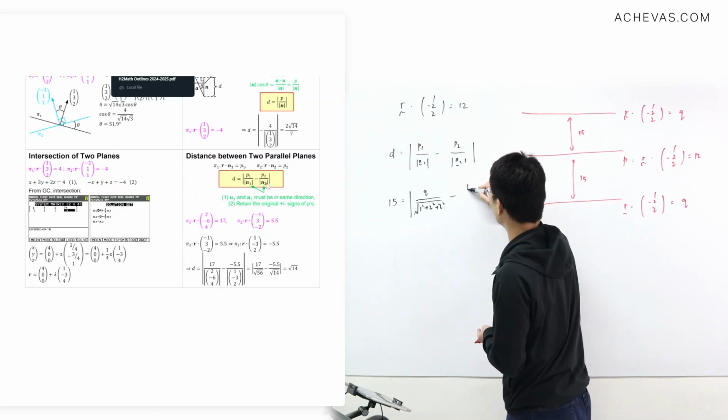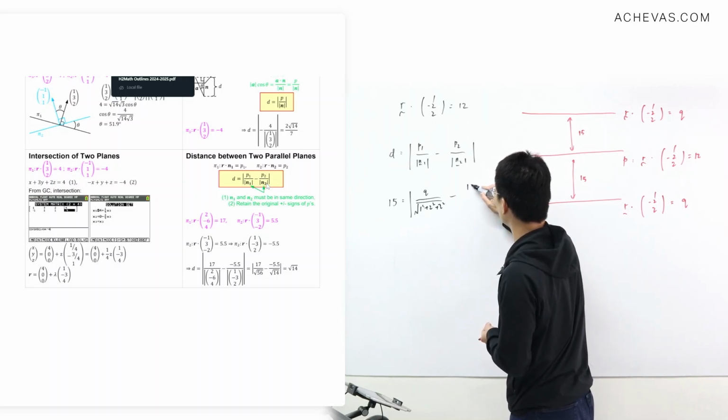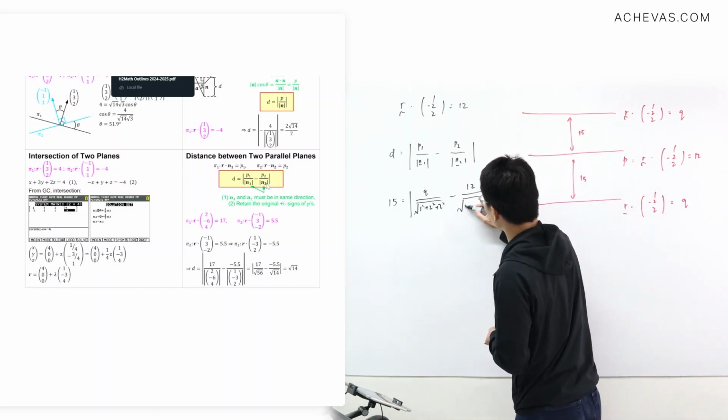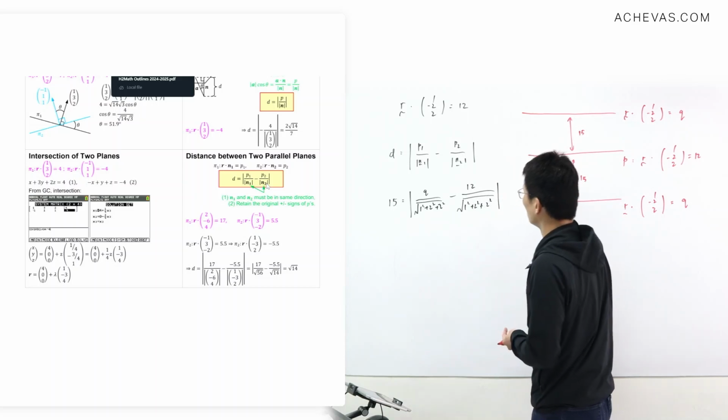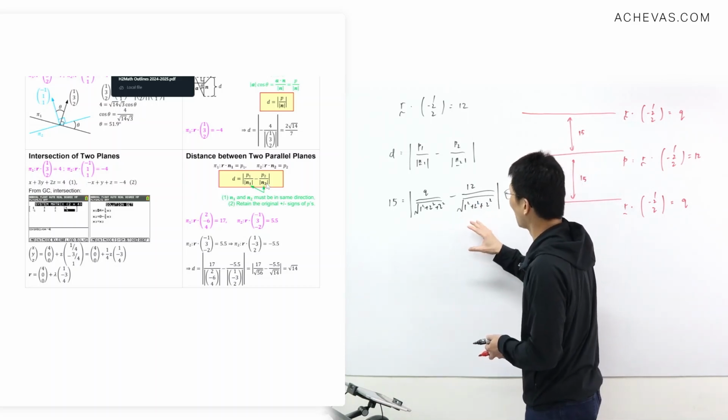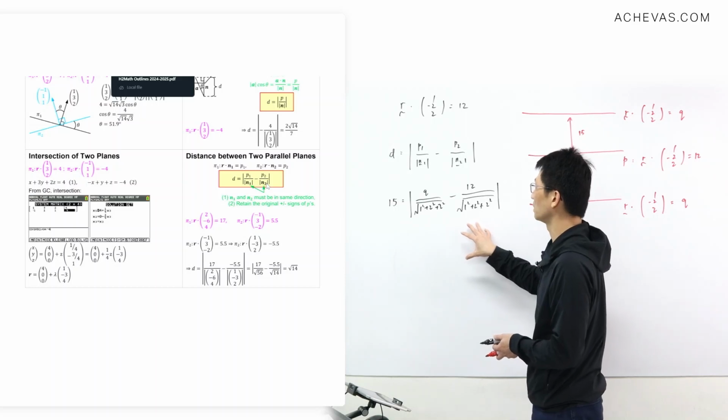This one will just be the P2 of the original plane, with 1 square plus 2 square plus 2 square. Basically, we just need to evaluate this and solve for the value of Q. I expect to have two answers for Q because of the modulus.